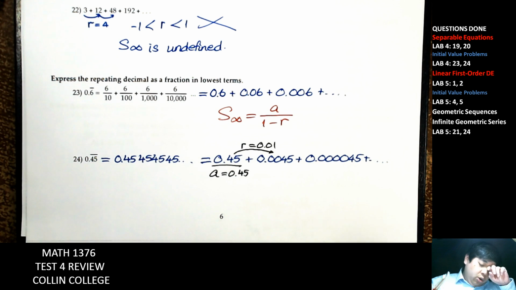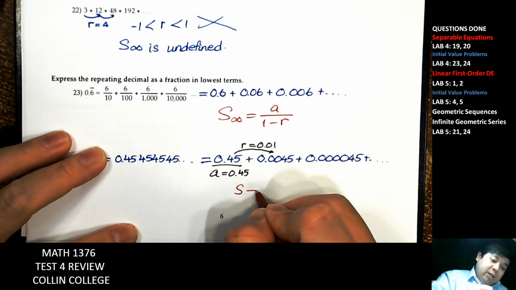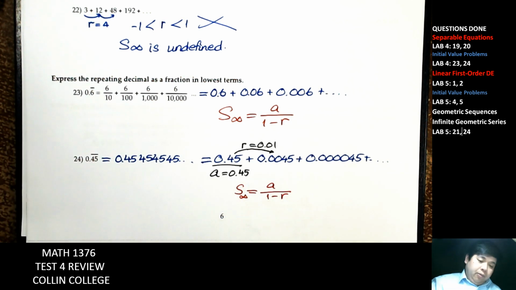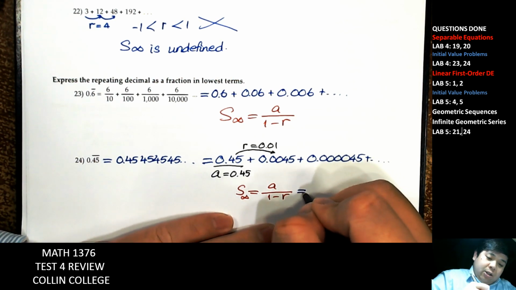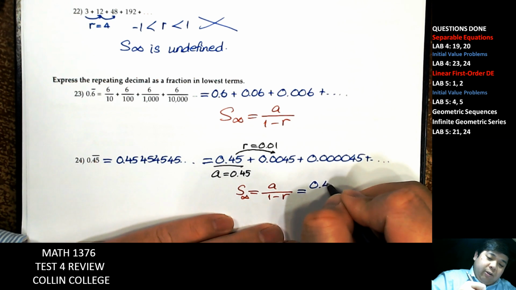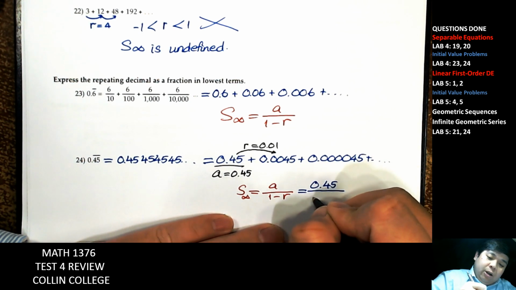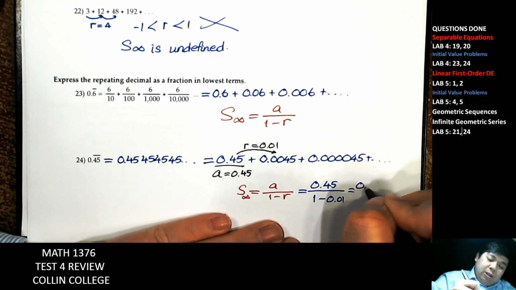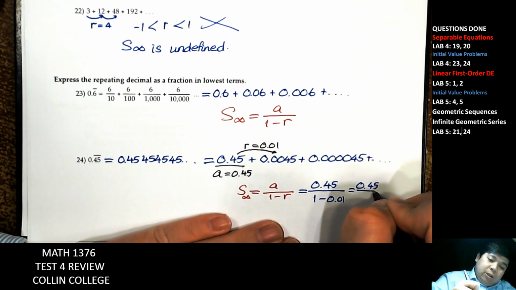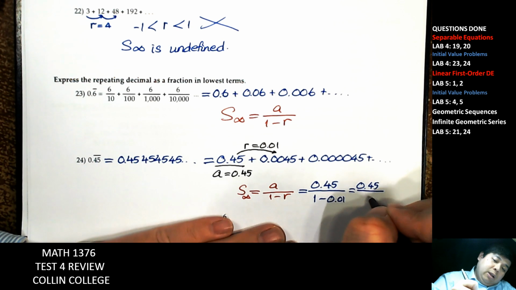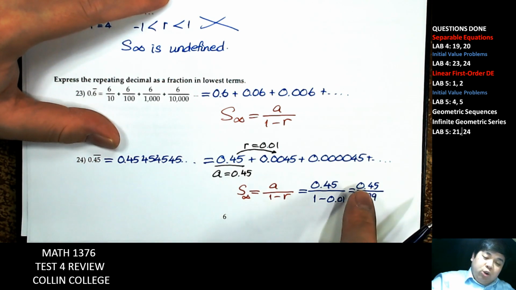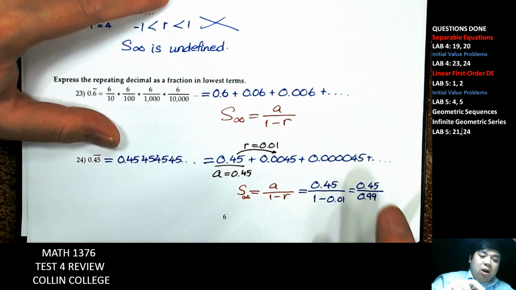Once we have the ratio and the first term, we have 0.45 over 1 minus r, and move the decimal point 2 places to the right, top and bottom.